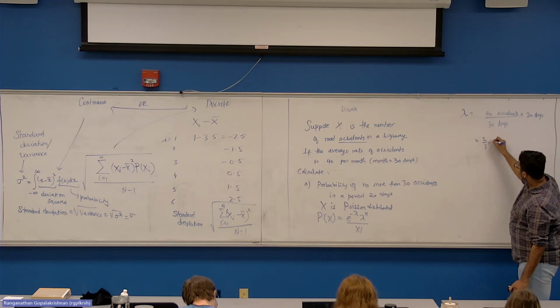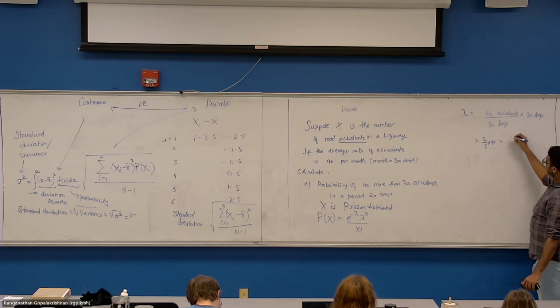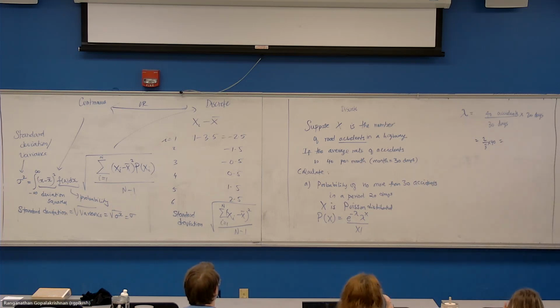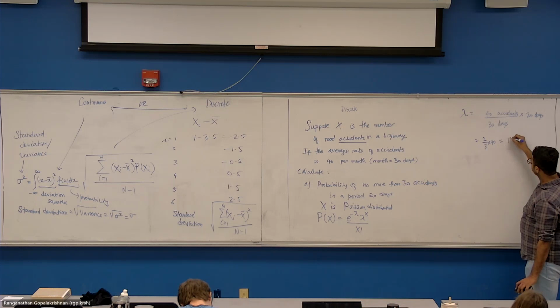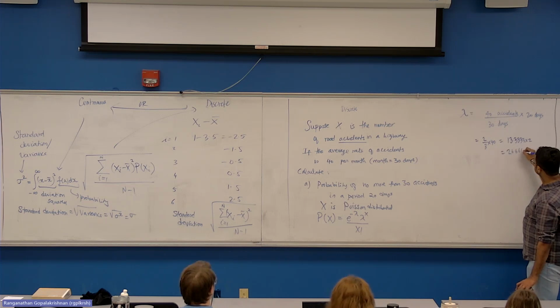How much is 2/3 of 40? Can you tell? It's 26.6666.